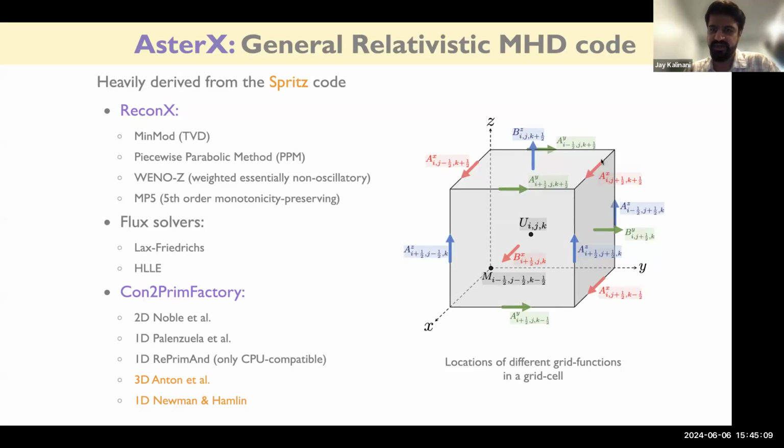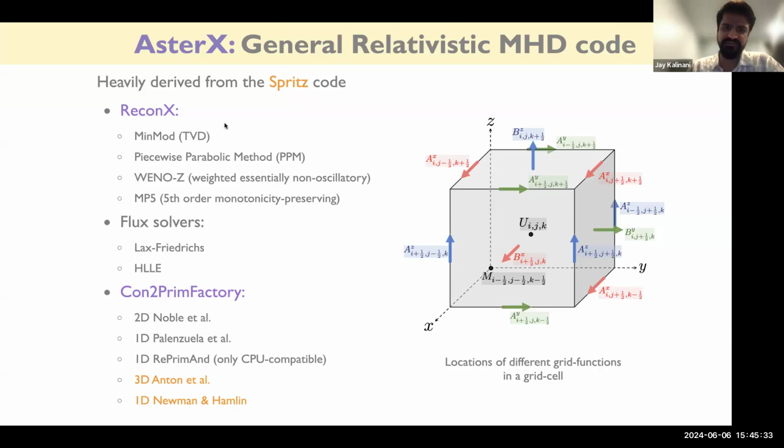And then if you take the curl, you would automatically get the B component along this face, which is the Z component. This staggered formalism has proven advantageous to deal with shocks and other problems, so this is what we adopt.